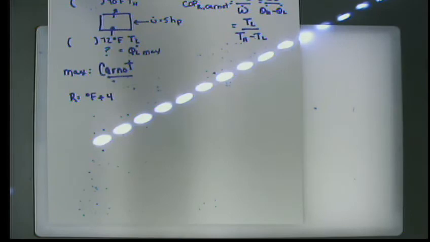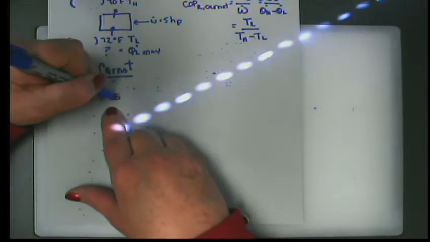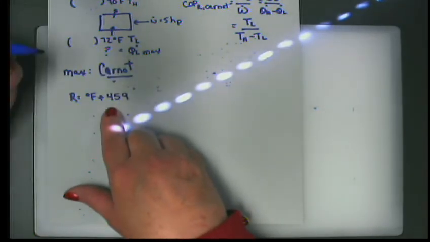All right, hang on just a second. Let's find out. So the principle would be the same, but degrees Rankine to Fahrenheit. There you go. The number is 459. Okay? All right.